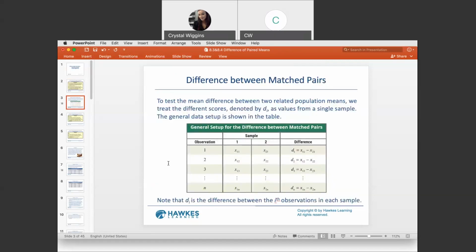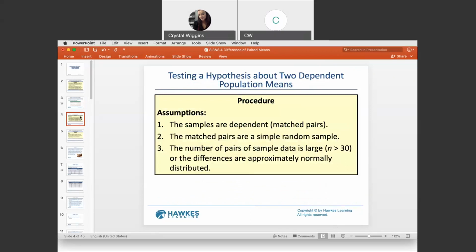To test the mean difference between two related population means, we treat the difference scores, denoted by d sub i, as values from a single sample. The general data setup is shown in the table, which will make no sense until we start doing some examples. Okay, in the procedure to do this, we check our assumptions, which we just ran through.